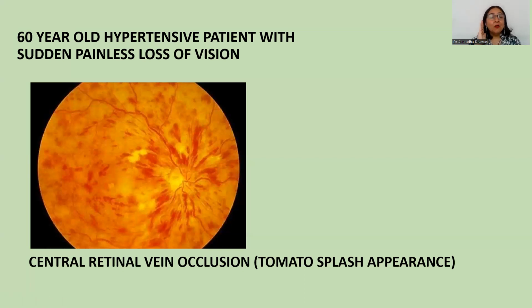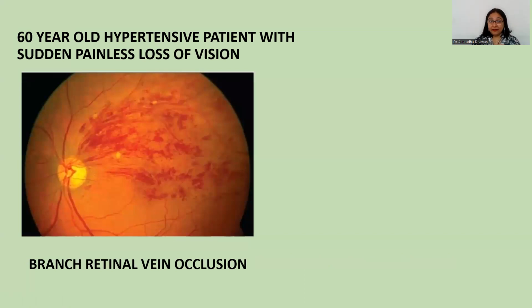Central retinal vein occlusion. Now, if a similar scenario is there, but retinal hemorrhages are present only in one part of the retina. So you notice here, in this fundus image, you can clearly notice that this much part of the retina is having retinal hemorrhages, but this area, this area, this area is normal.